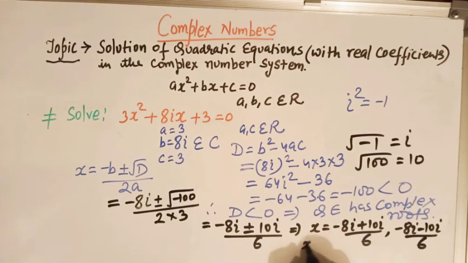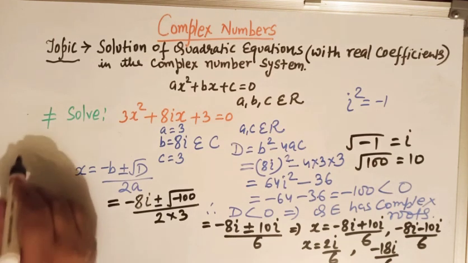Now x is equal to 10i minus 8i, that is 2i, divided by 6, and here we have minus 8i and minus 10i, that is minus 18i divided by 6, right?